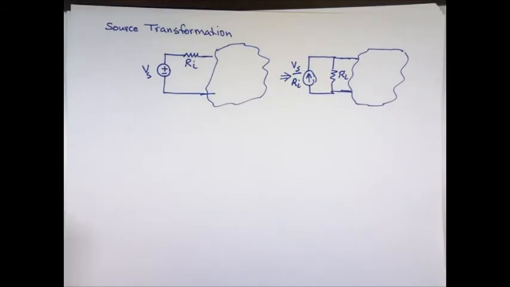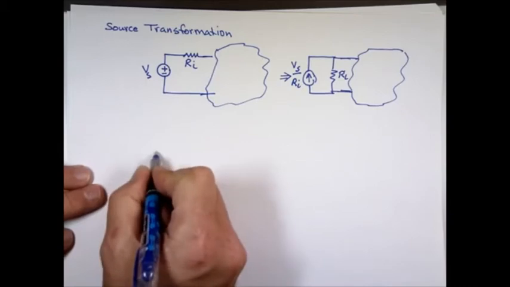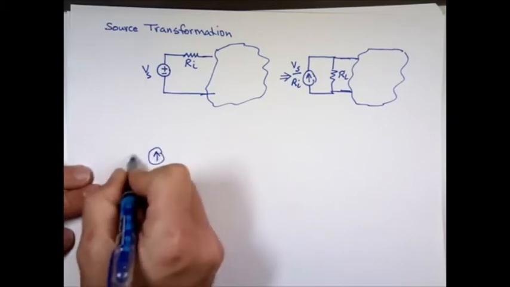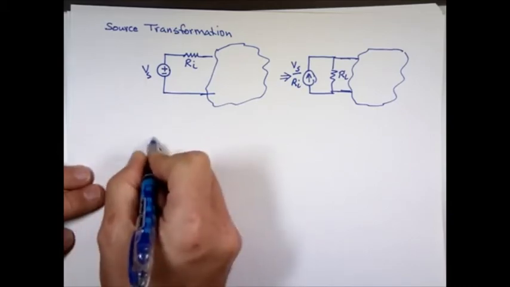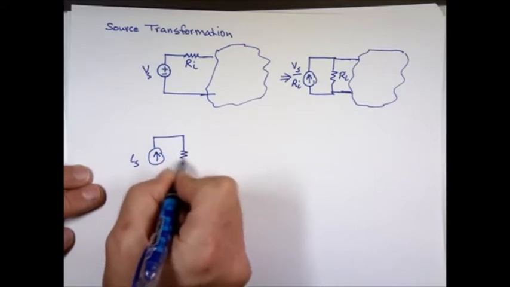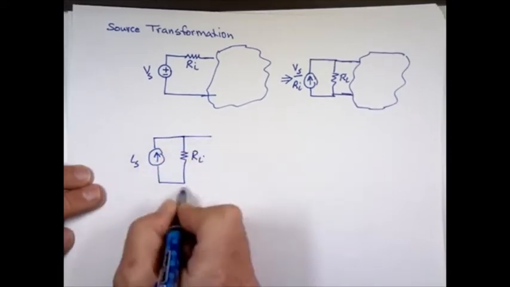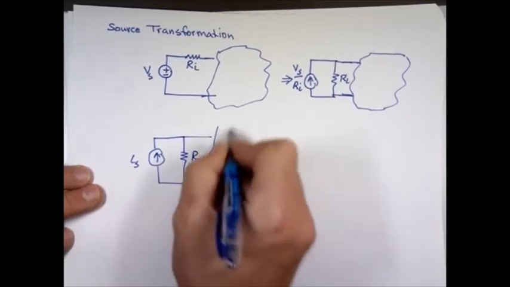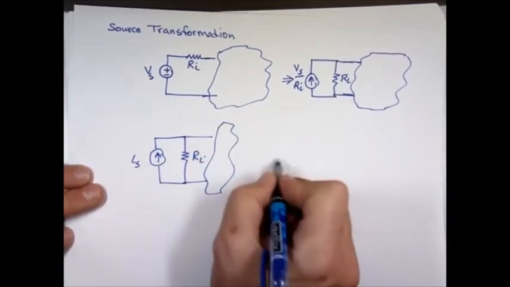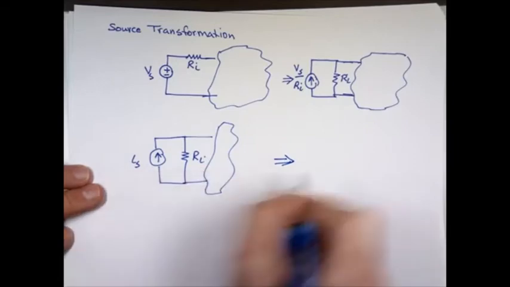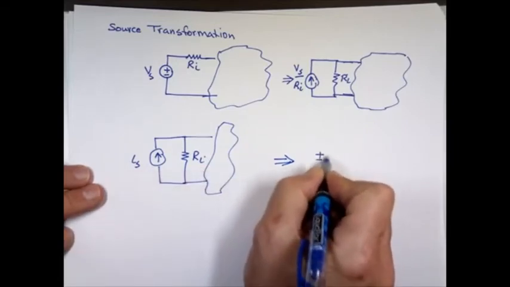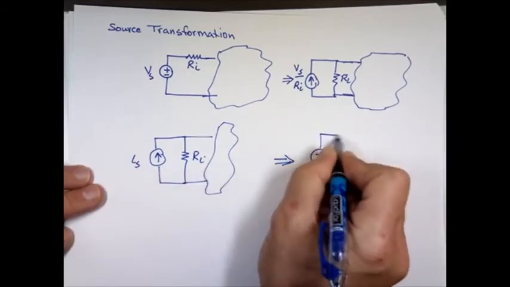Or vice versa. If I have a current source, I sub S, in parallel with the resistor, R sub I, and is attached to a circuit here, I could take this current source, change it to a voltage source in series with the same resistor.